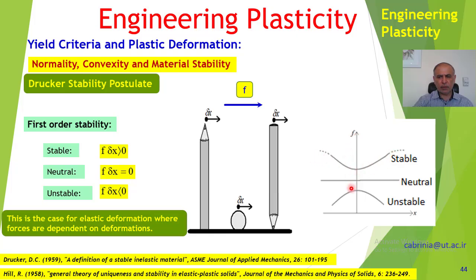Okay, that's force, and that's x, that's displacement, and that's force. So if you increase the force, you get some displacement, and when you remove the force, you come back to the original position.